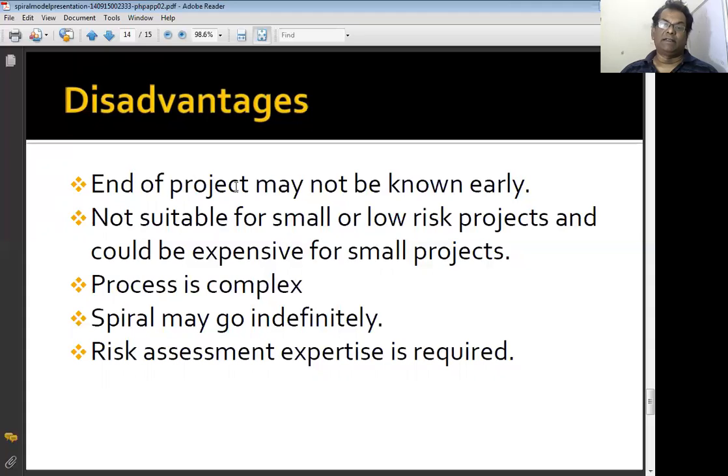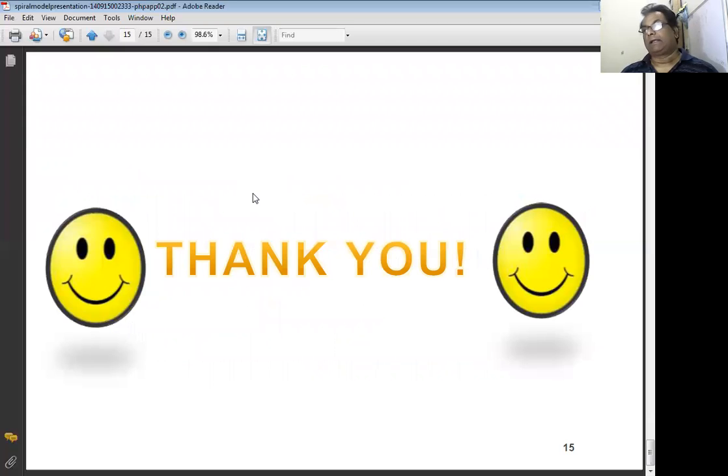And finally, risk assessment expertise is required. You must hire people, or the system analyst must be very capable of understanding the risk involved. If I have to compare the waterfall model and the spiral model, both have their goods and bads, both have their feasibilities and their right and wrong approaches.